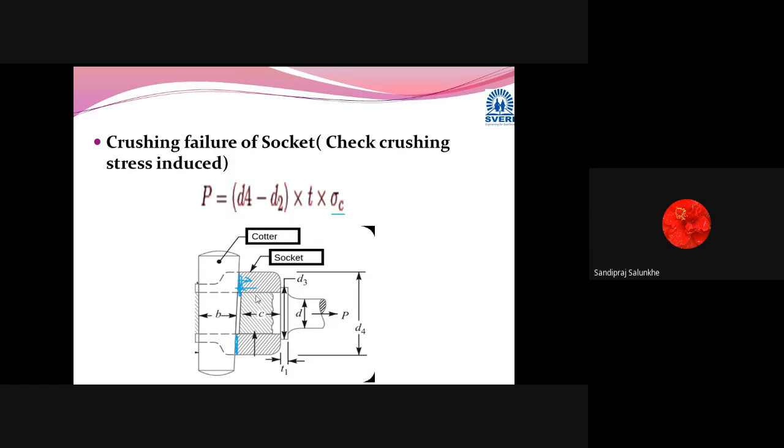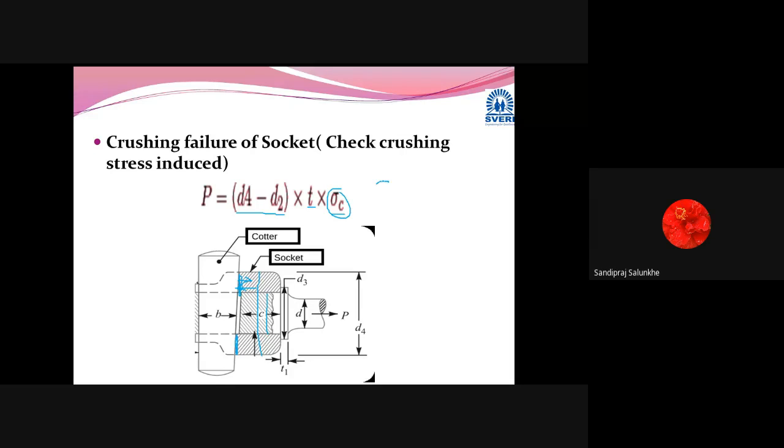That's why this crushing will occur. So that area we have to consider. That area is this diameter minus this diameter. This is D4, this is D2. So D4 minus D2 multiplied by the thickness of the quarter, that is T.